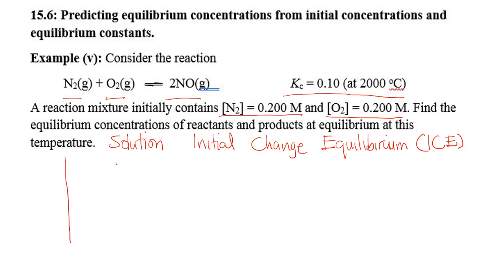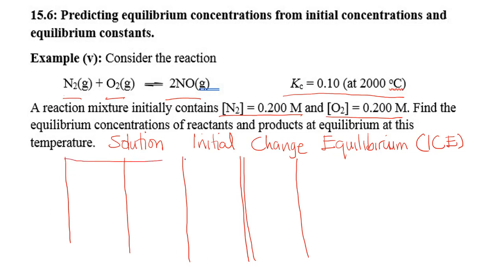So I have my table here. Because I have 2 reactants and 1 product, these will take 1, 2, and 3.